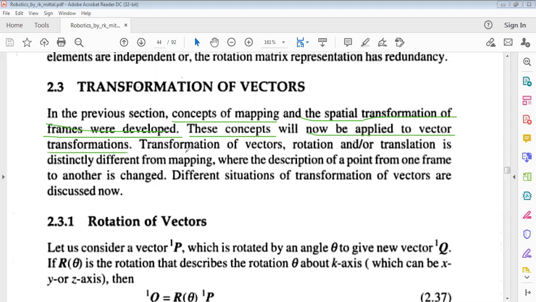Transformation of vectors, rotation and translation, is distinctly different from mapping, where in mapping the description of a point from one frame to another is changed. So there are different situations for transformation of vectors that we have to discuss in this talk. First of all, rotation of vectors, when the vector rotates in the frame, in the space.